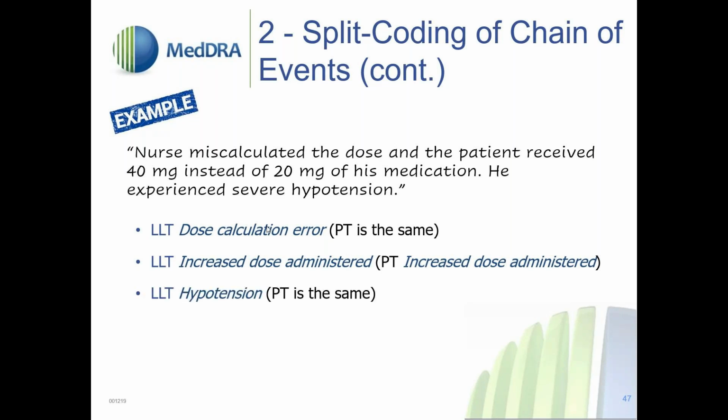And of course, we would also capture the resulting adverse event in the patient with the LLT hypotension. It is a chain of events starting with the dose calculation error that leads to the administration of an incorrect dose and finally to an adverse reaction in the patient, a hypotension.